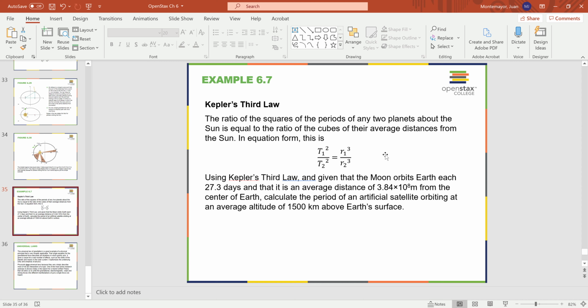Using this law, and given that the moon orbits Earth each 27.3 days, at an average distance of 3.84 times 10 to the 8th meters from the center of the Earth, calculate the period of an artificial satellite orbiting at an average altitude of 1,500 kilometers above the Earth's surface.